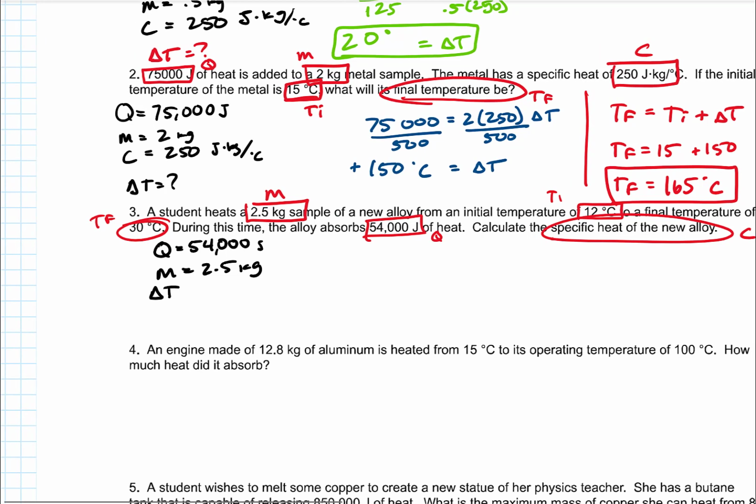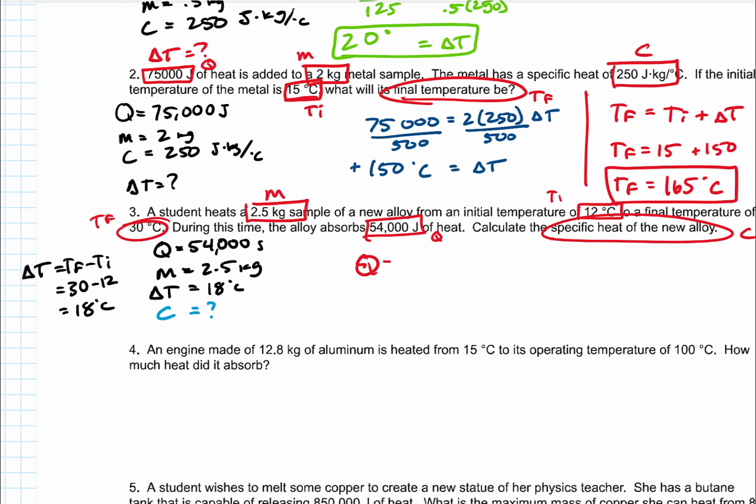We'll just kind of do that over here. Delta T is T final minus T initial. So 30 minus 12, delta T is 18 degrees Celsius. And then we are looking for capital C. So we'll put all that in.